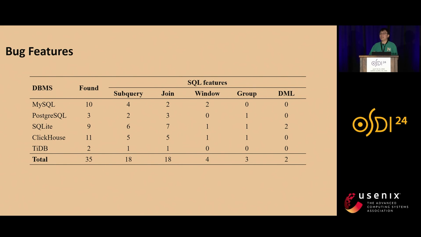So we analyzed the bugs we found and the corresponding bug triggering queries. And we found that our bug triggering queries involve various kinds of SQL features. For example, subquery, join, window function, group, or DML.